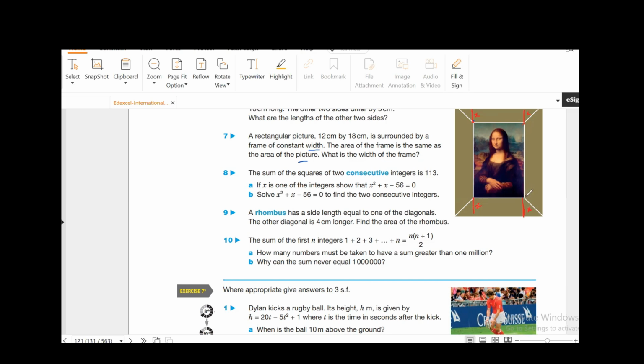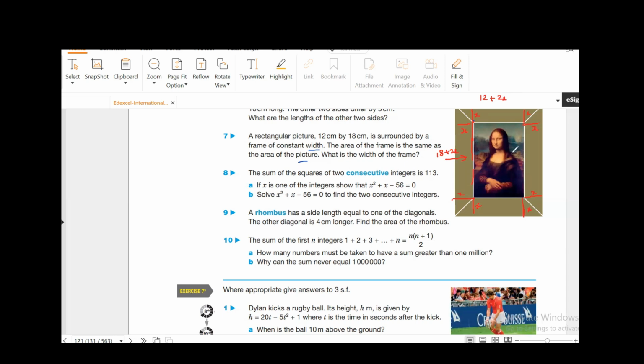So for the length and width, this one x, this one x, this one x, this one x, constant width. Normally the length and width of the picture are 12 and 18, yes. But the original length is 18 plus x on both sides, which gives me 18 plus 2x. This is the original length, or you can say the full length. Okay, and same as the full width, the original width is 12 plus 2x.